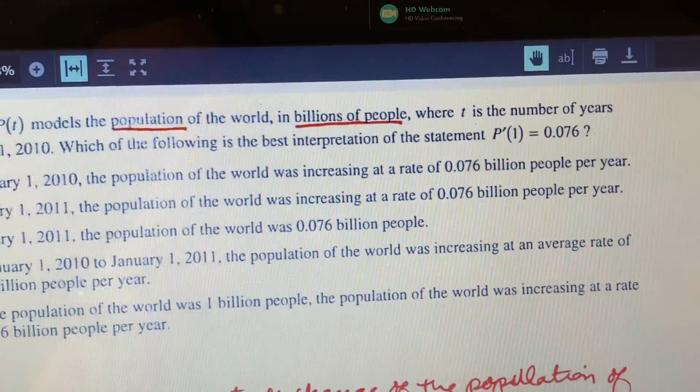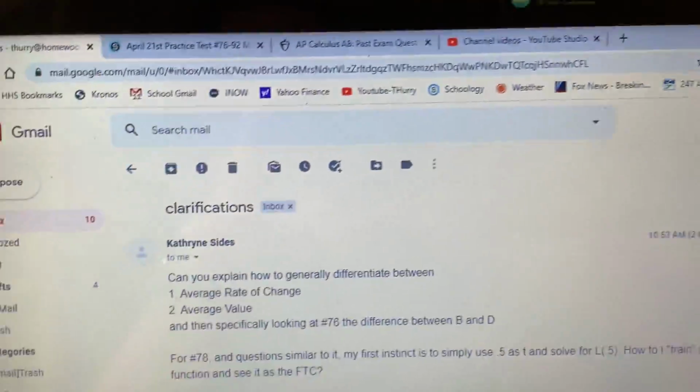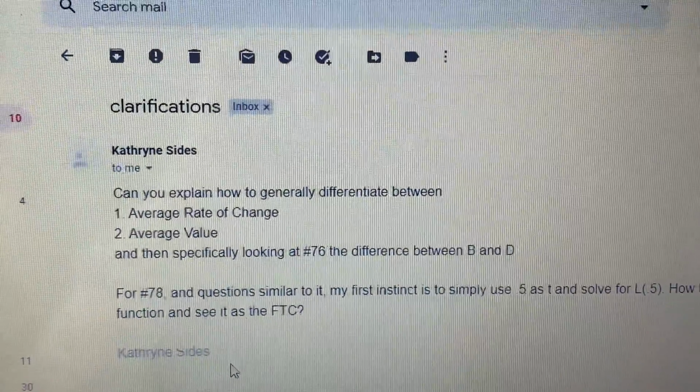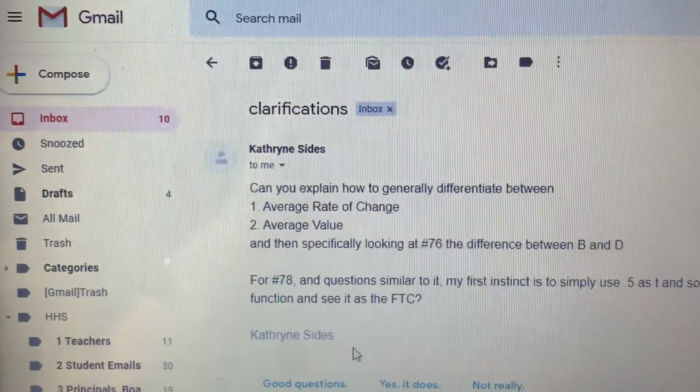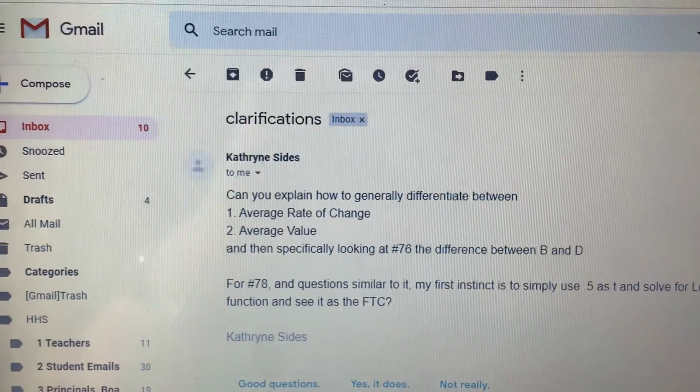And were you asking about anything else? Let me see. You said on number 78, you use 0.5 as t and solve. How do I train my brain? Okay, let me look at 78.